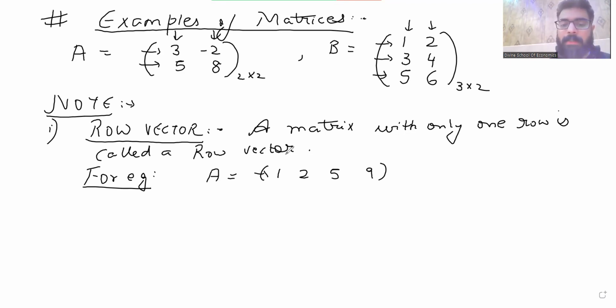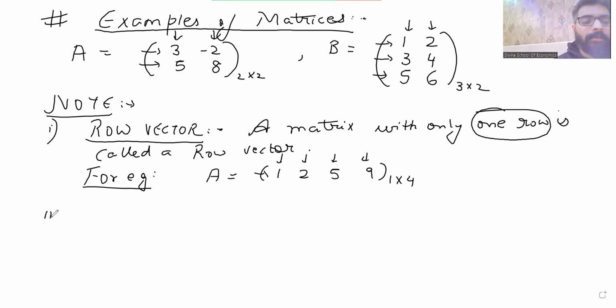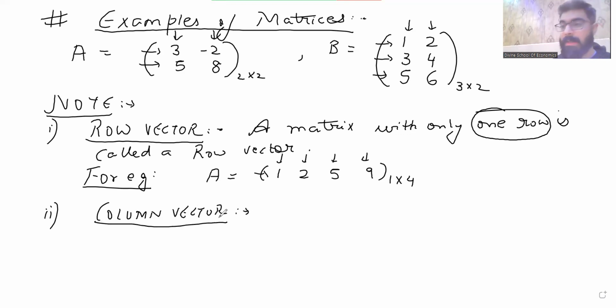But how many columns are there? 1, 2, 3, 4. So the order of this matrix is 1 cross 4. You can clearly see it's a row vector, because this matrix has only one row. Let's look at what is meant by a column vector. If students have understood what a row vector is, then a column vector becomes even easier to understand.